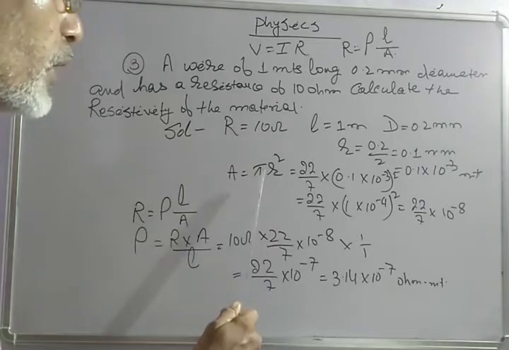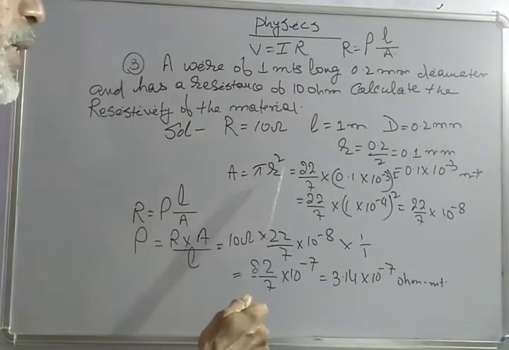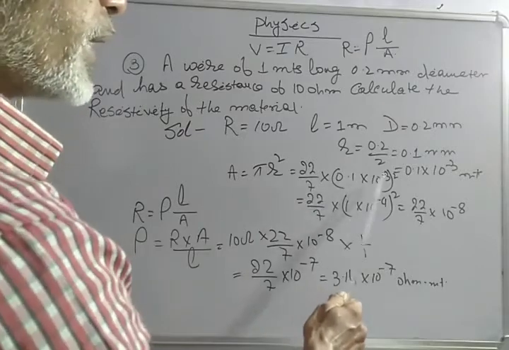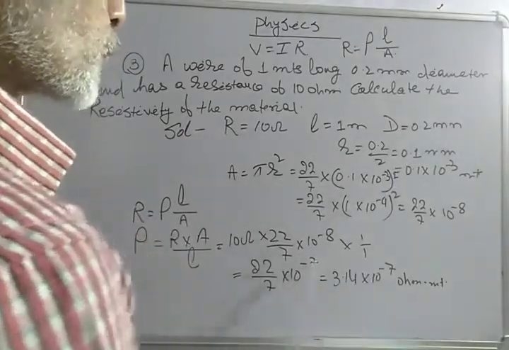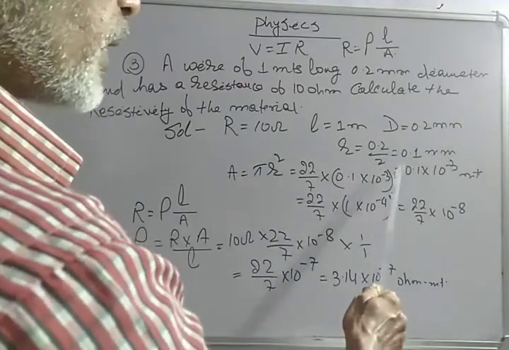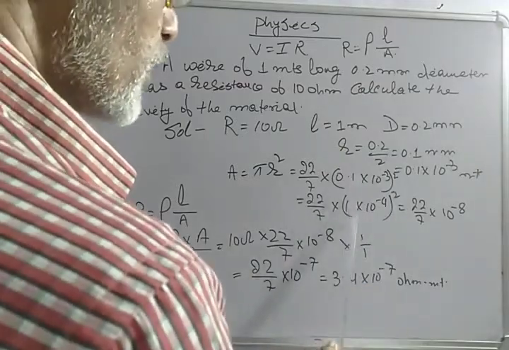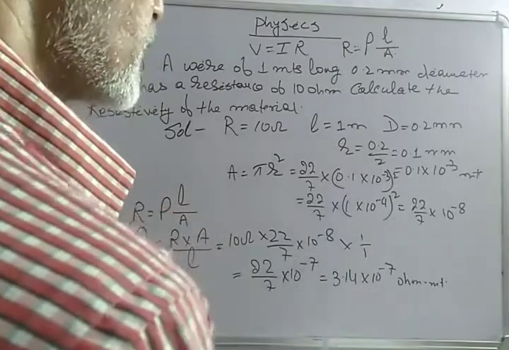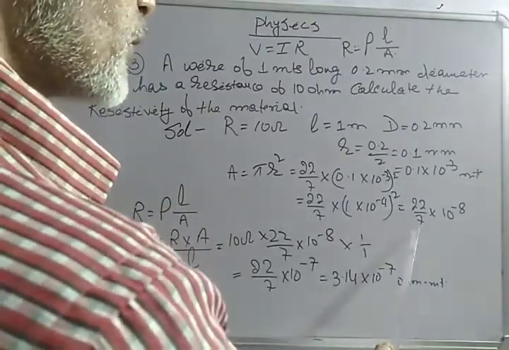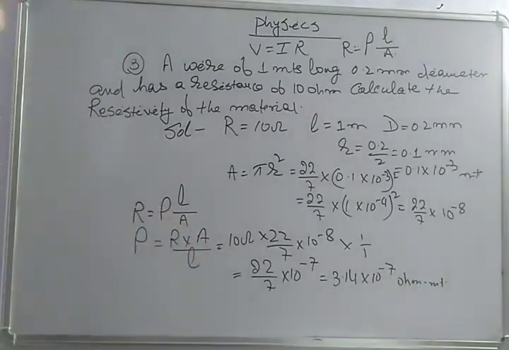As it is circular, the area formula is pi r square. 22 by 7 into 0.1 into 10 to the minus 3 whole square, that is equal to 22 by 7 into 1 into 10 to the power minus 4, because 0.1 is 1 by 10. So 3 plus 1 is equal to 4. So now this is 22 by 7 into 10 to the power minus 8.